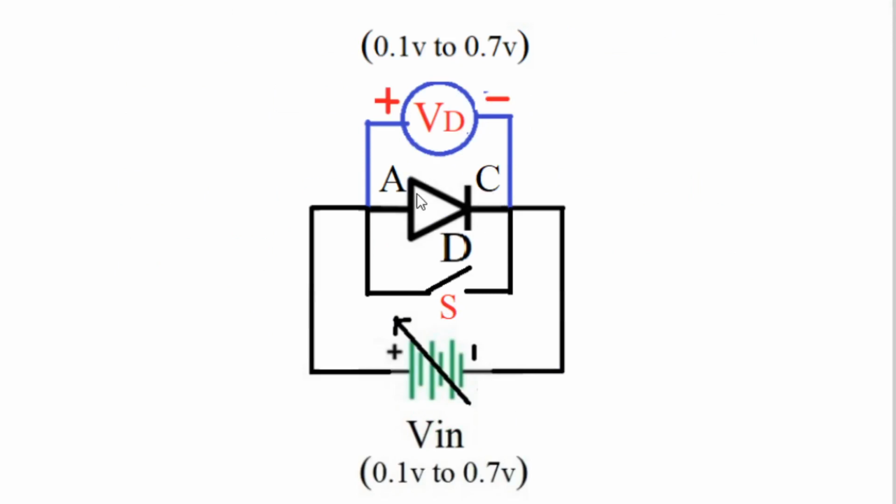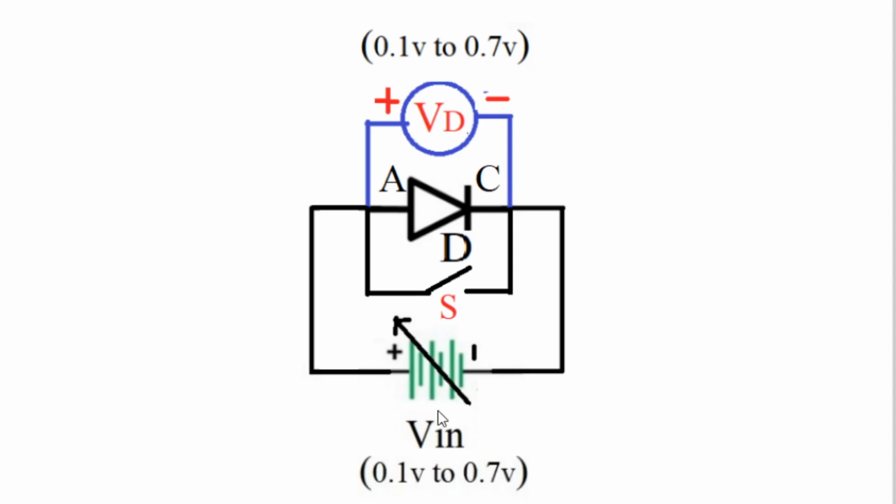So in this diagram, anode of the diode is connected again to the positive of the battery, cathode of the diode is again connected to the negative of battery, means diode is in forward bias condition. But applied input voltage Vin is in the range of 0.1 volt to 0.7 volt.